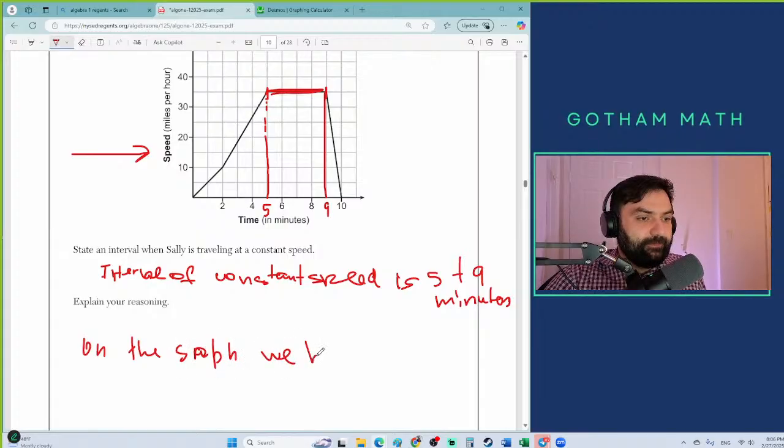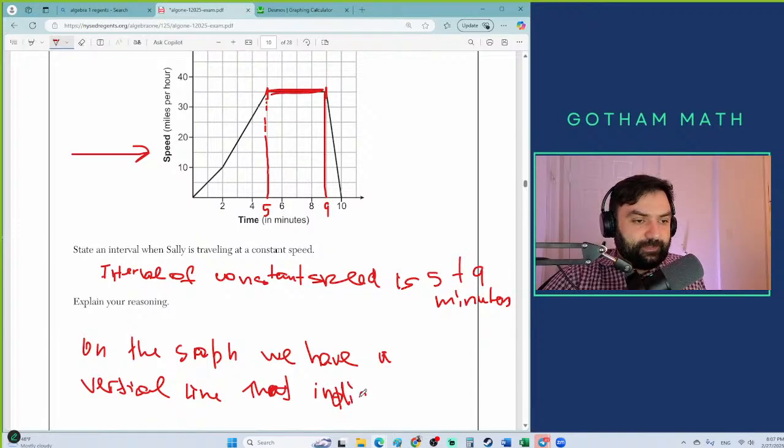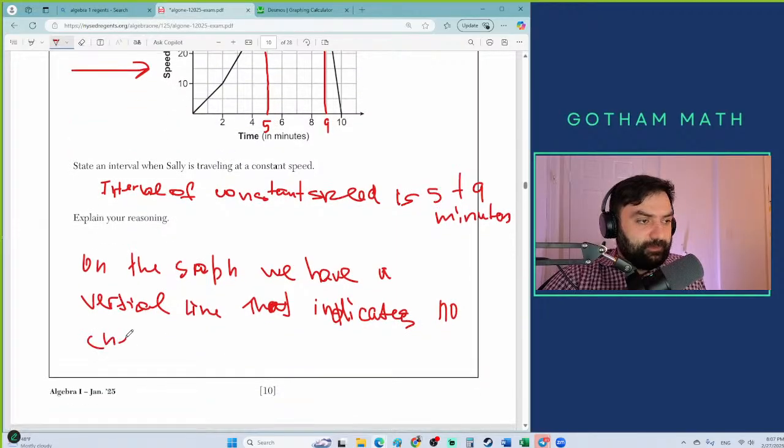We have a vertical line that indicates no change in speed. That's how I would write it.